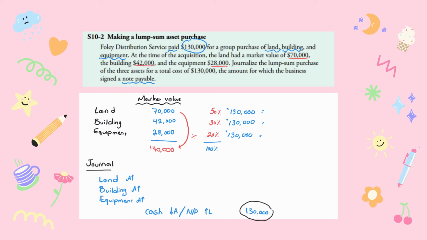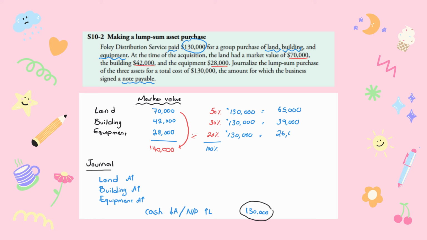So 50% times 130 is going to be 65. 30% times 130 is going to be 39. And last one, 20% times 130 is going to be 26.